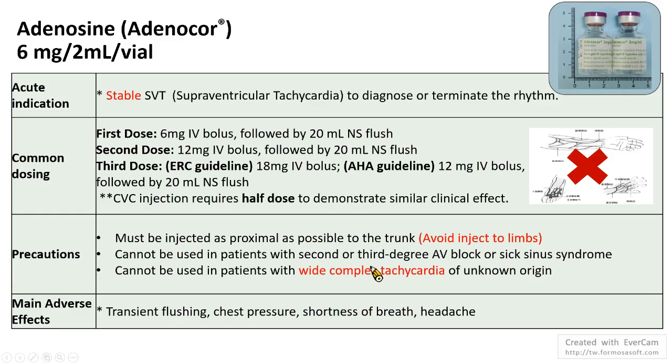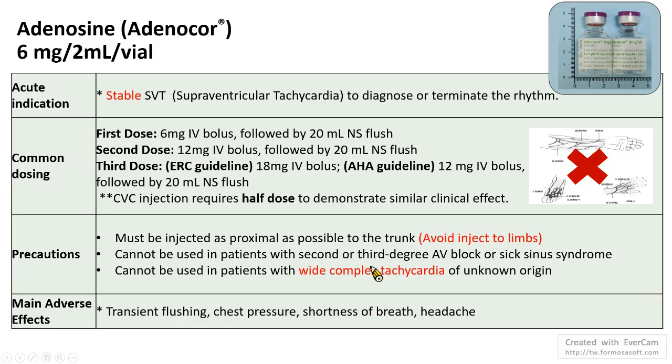And if you administer adenosine through a central line, then we can reduce the dose by half, which is 3 milligrams as the first, 6 milligrams as the second, and then 6 or 9 milligrams as the third, to demonstrate a similar clinical effect with the central line as the route.